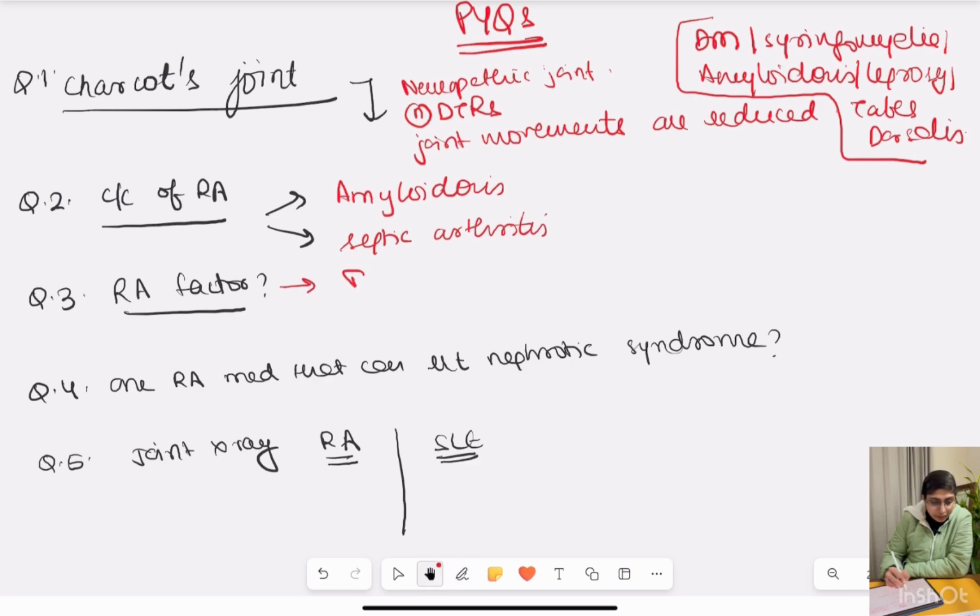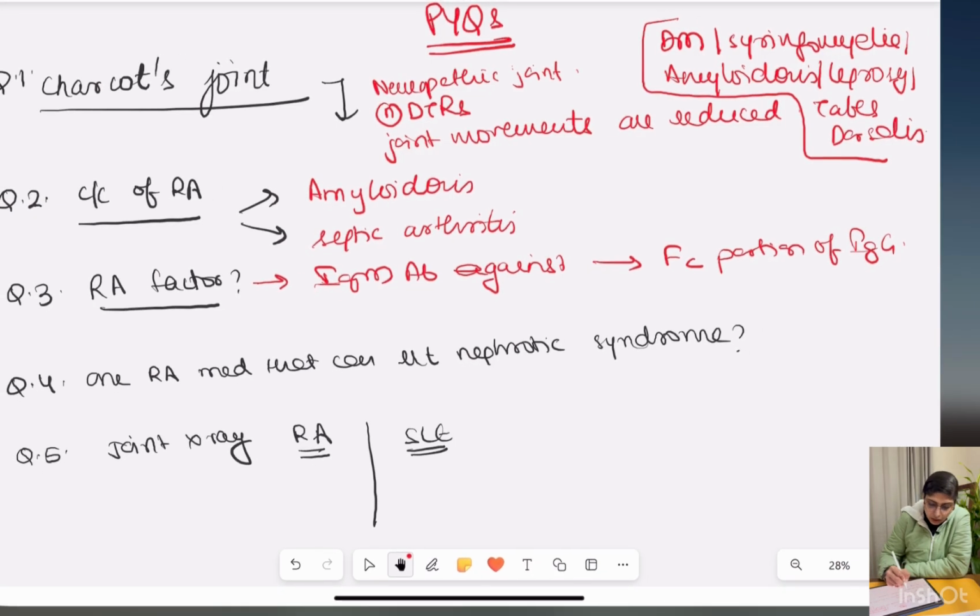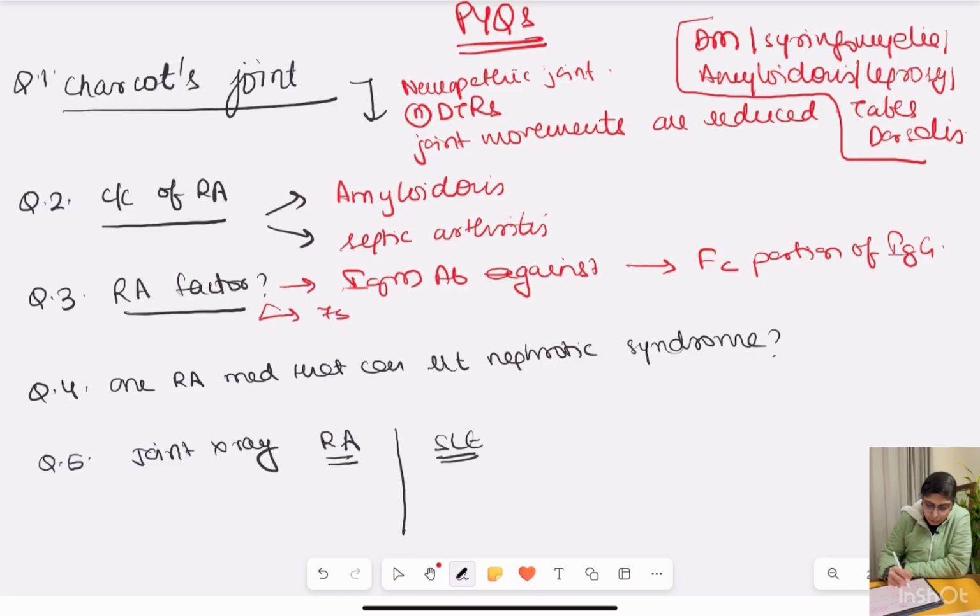What is RA factor? RA factor is an IgM antibody against the Fc portion of IgG. It is not a very sensitive marker, only positive in 75% of cases of rheumatoid arthritis, but it is a good prognostic marker.